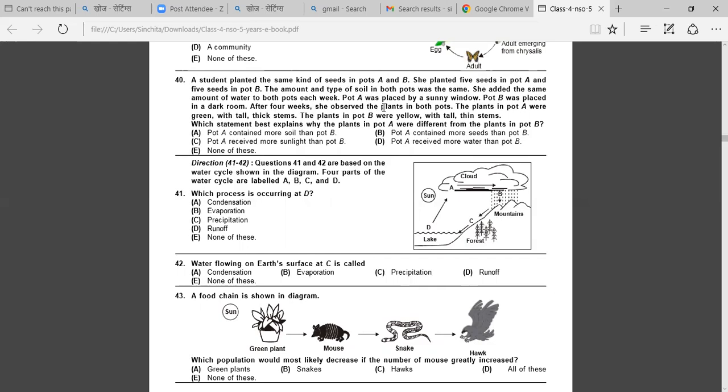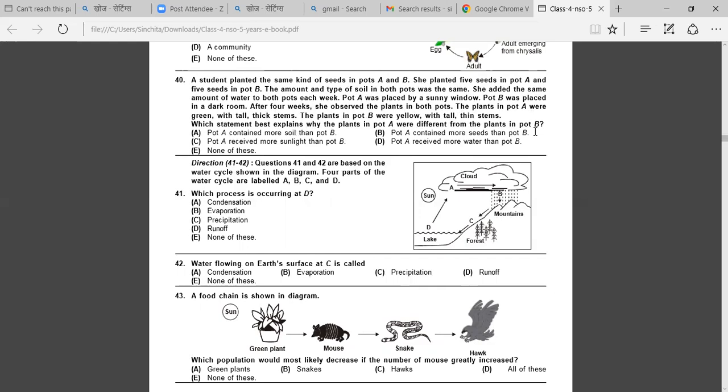After 4 weeks, she observed the plants in both the pots. The plants in pot A were green with tall and thick stems. The plants in pot B were yellow with tall, thin stems. Which statement best explains why the plants in pot A were different from those in pot B?